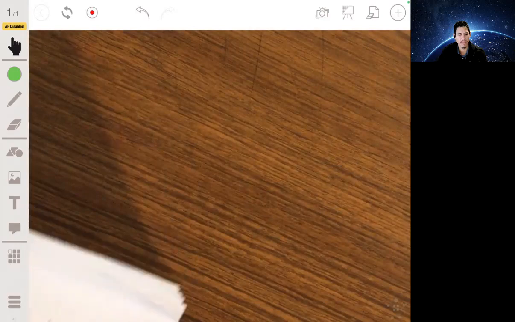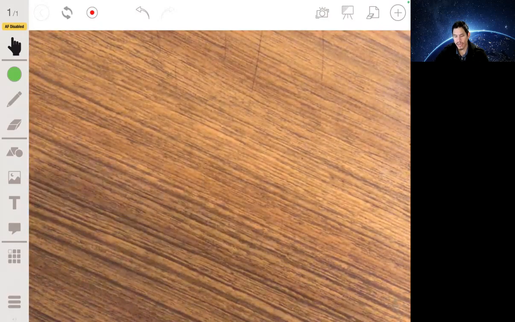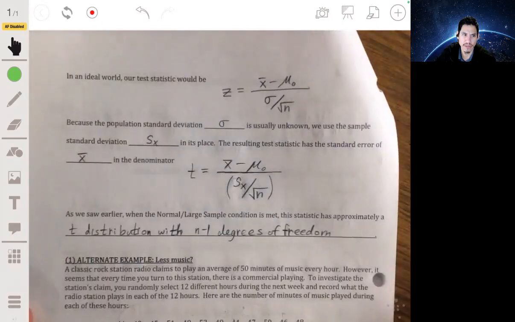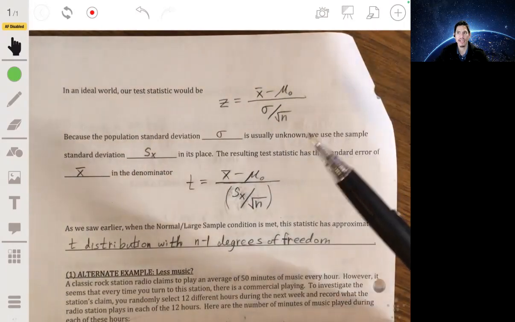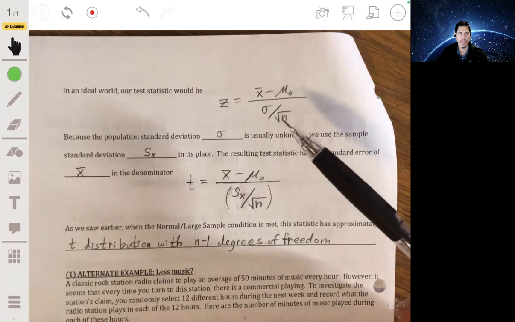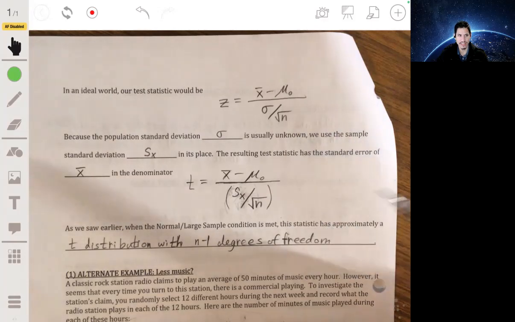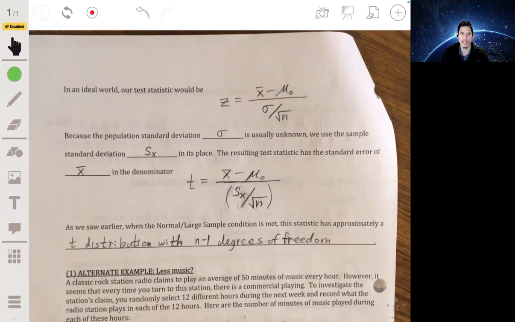Now, ideally, if we could get the true population standard deviation, we would have just a z-score, our z statistic. But the problem is that if you're collecting data, you're trying to figure out what the true population mean is.